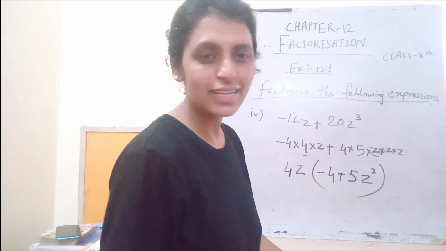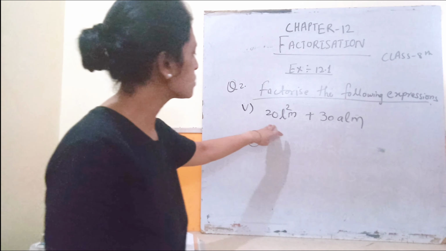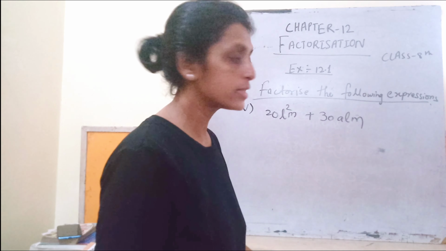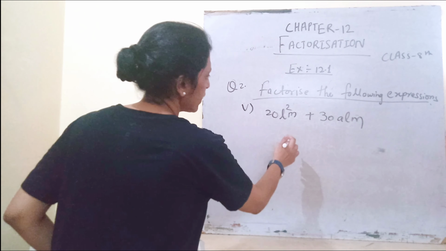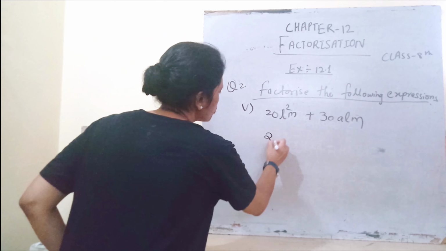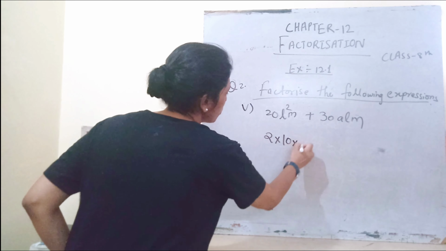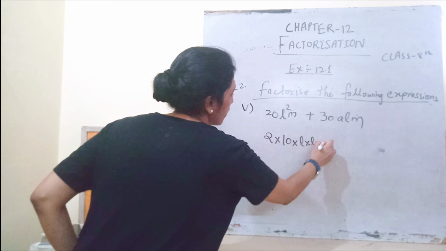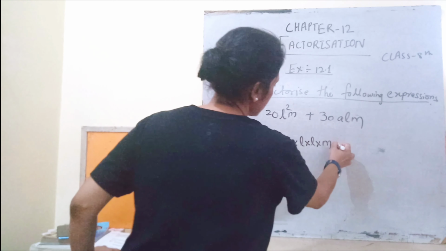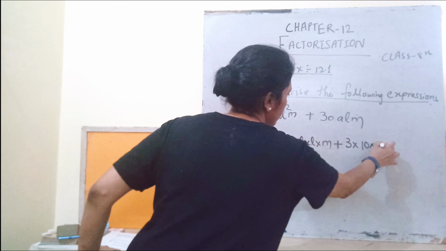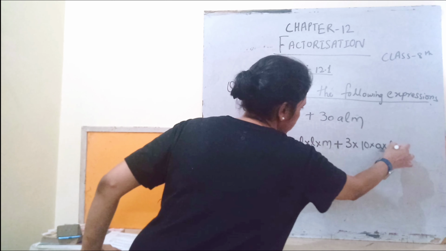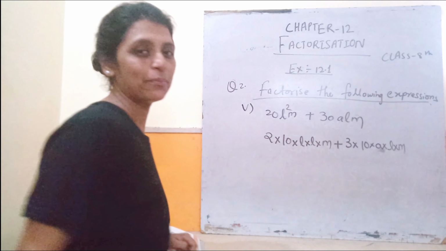Children, in the fifth part we have to factorize 20l square m plus 30a lm. So 20l square m can be written as 2 into 10 into l into l into m, plus 30alm can be written as 3 multiplied by 10 into a into l into m.